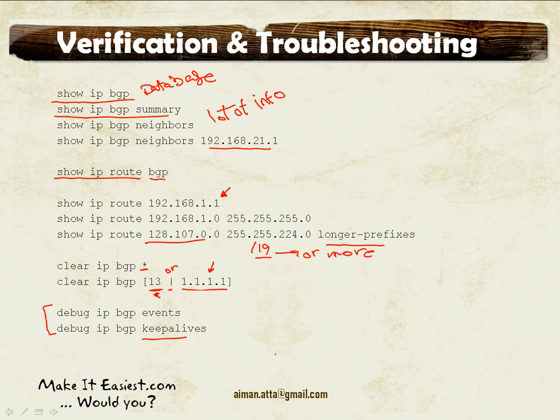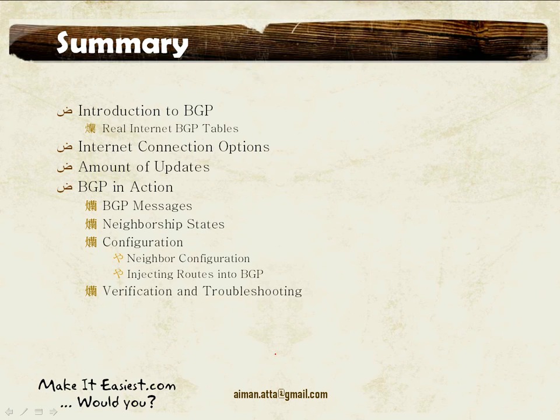Okay, so in this session we talked about an introduction to BGP being an EGP, exterior gateway protocol, used between autonomous systems, used between ISPs over the internet, and it is actually the routing table of the internet.